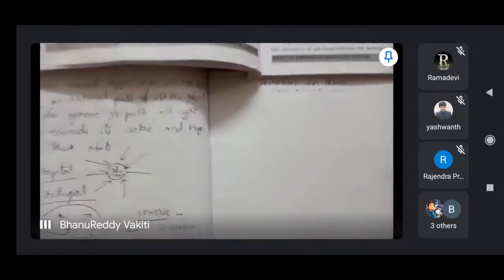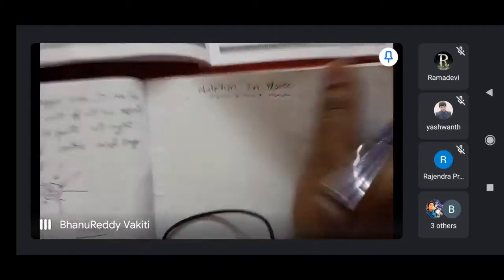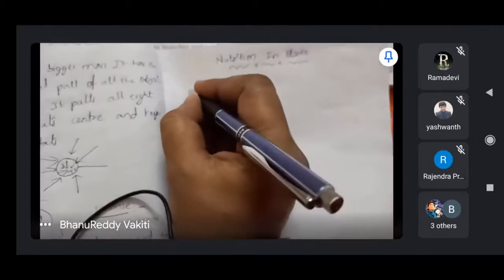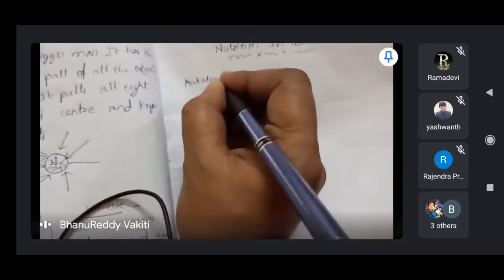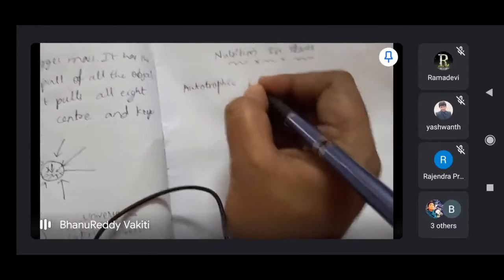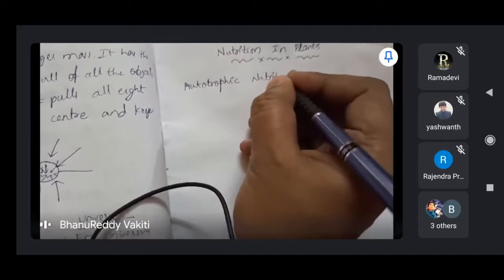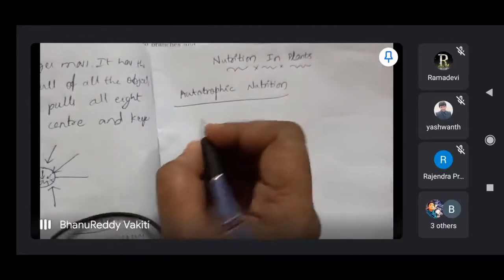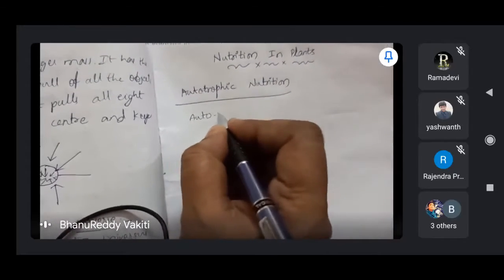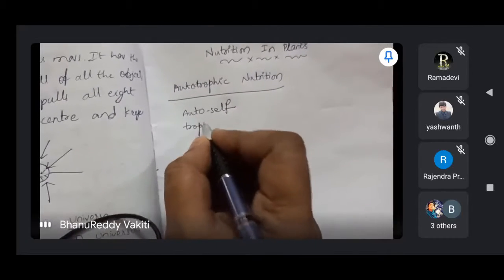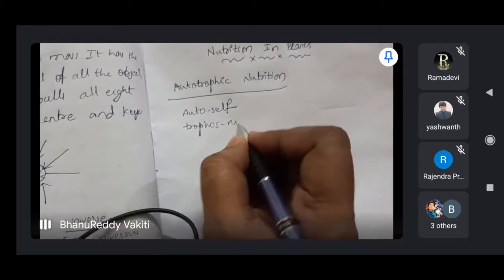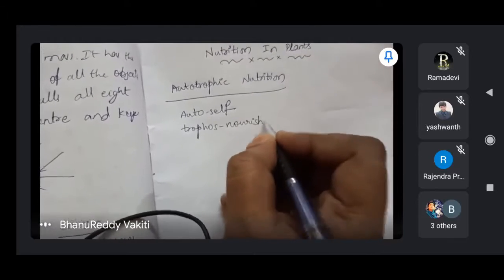Here, see, first I'll start with nutrition in plants, autotrophic nutrition. What is auto? Auto means self, and tropic, tropos, means nourishment.